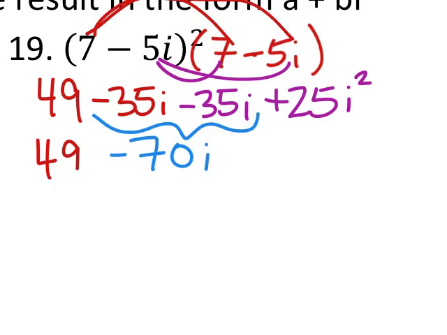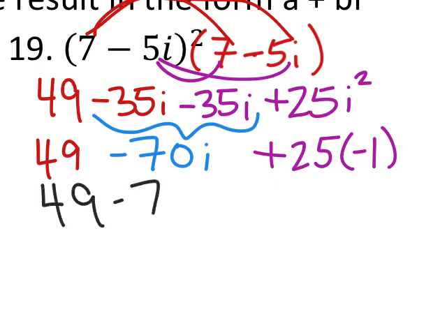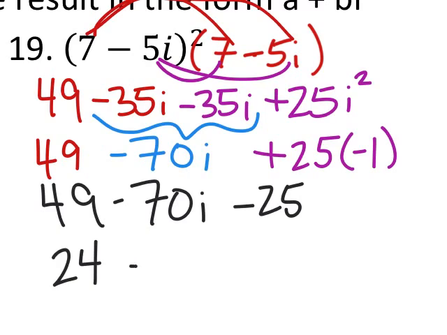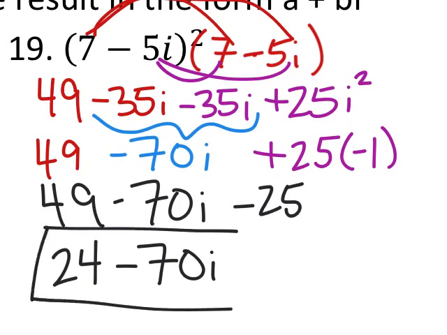But this is now going to be a plus 25 times a -1. So that leaves us with 49 minus 70i minus 25, and combining like terms, looks like we'd get 24 minus 70i, and this is already in the form a plus bi, and we're done.